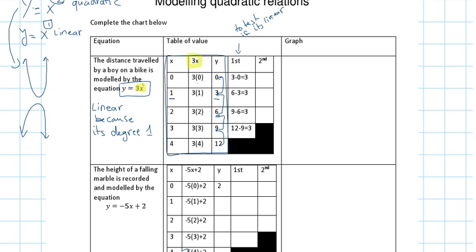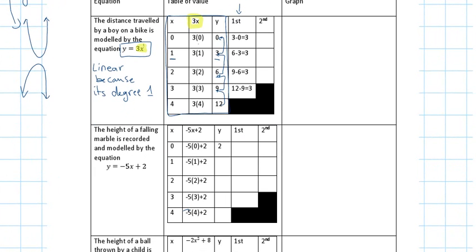Okay? So I can state here that it's linear, and I know that because the first difference is constant. Does that make sense to you?